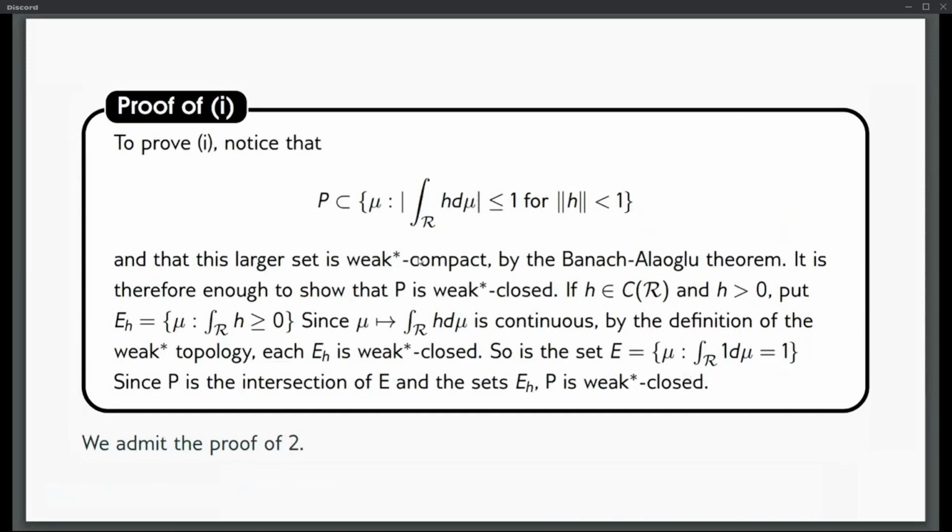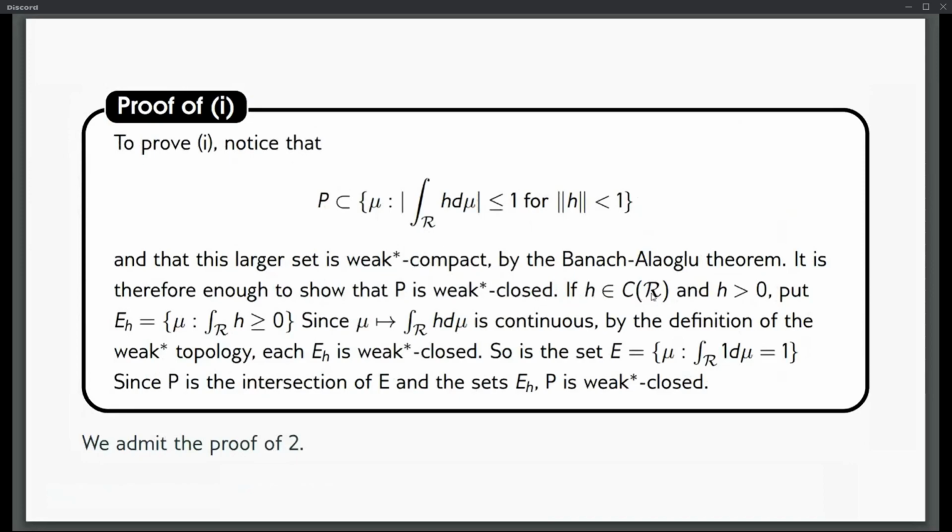This large set is going to be weak star compact by the Banach-Alaoglu theorem; this is just a special case of it. So it's enough to show that P is weak star closed, because if it's weak star closed, then it's going to be weak star compact itself, because closed subsets of compact sets are compact.